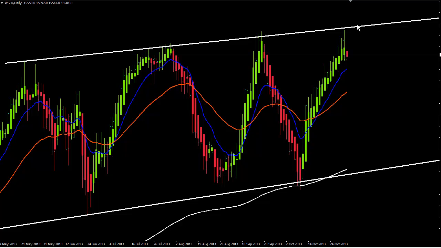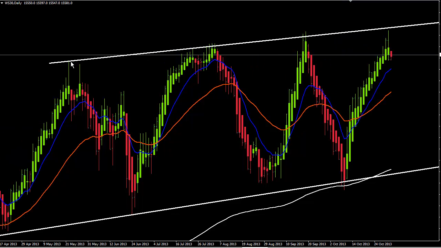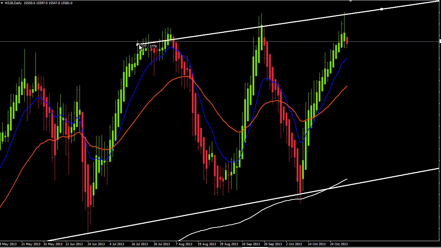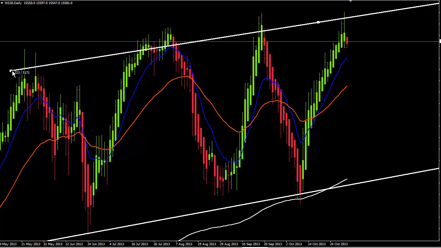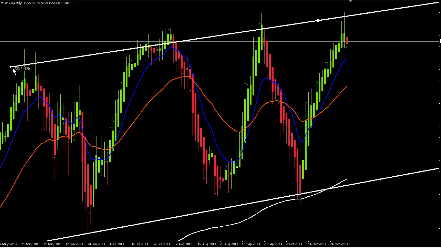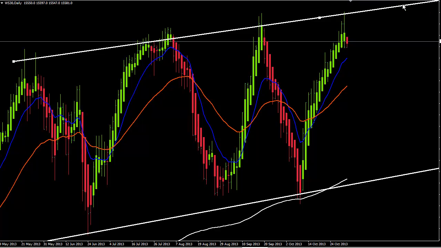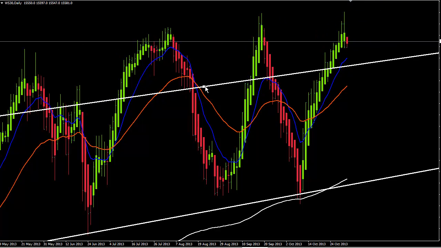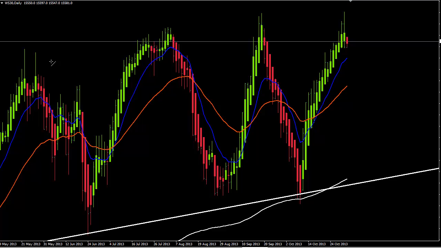So here it didn't touch it exactly. It stopped a little bit. Ideally, the best thing is always if you draw a line between the peaks and bodies, but here of course you cannot do it because you don't get the 3 touches. Somewhere here, let me delete the line, let me draw it again.